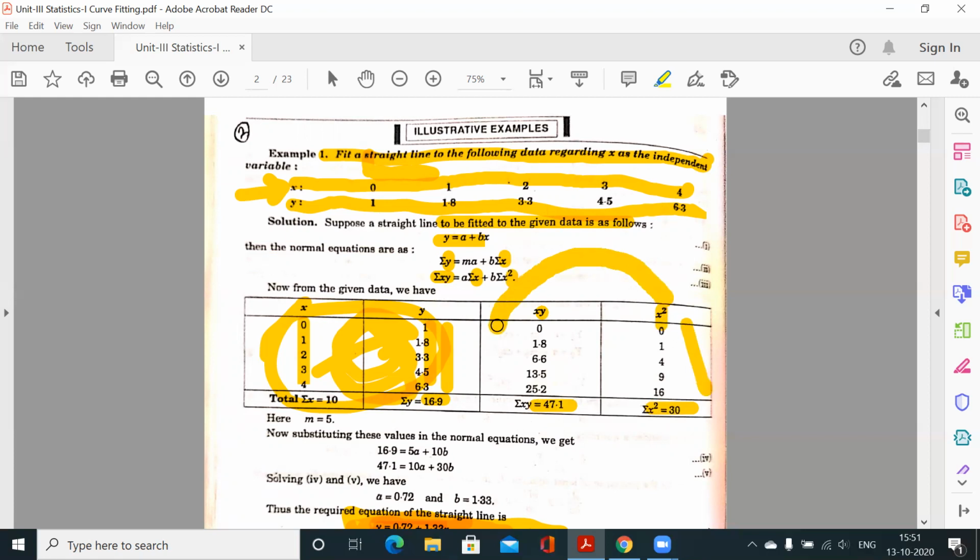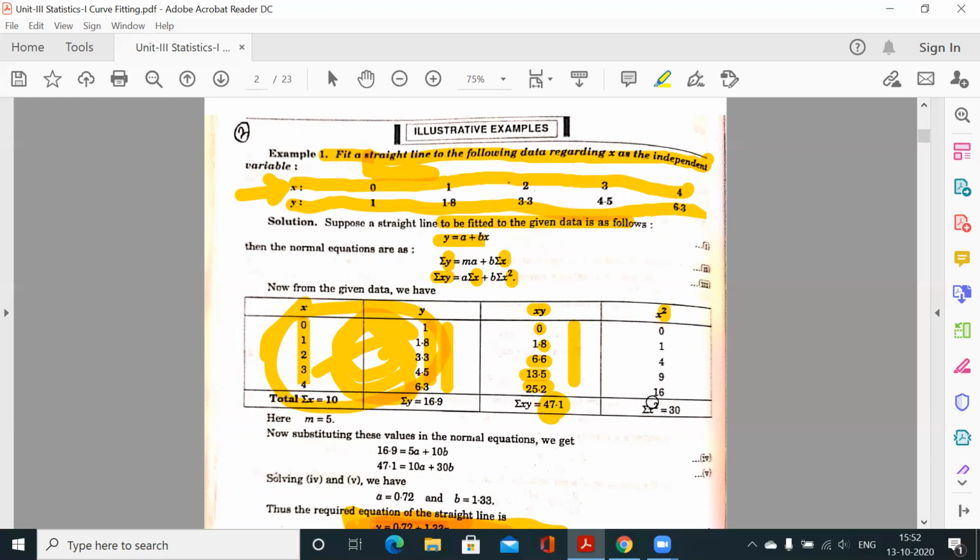Summation of x dot y means multiplying x into y correspondingly: 0 into 1 is 0, 1 into 1.8 is 1.8, 2 into 3.3 is 6.6, 3 into 4.5 is 13.5, 4 into 6.3 is 25.2. Adding all the values, we get 47.1.